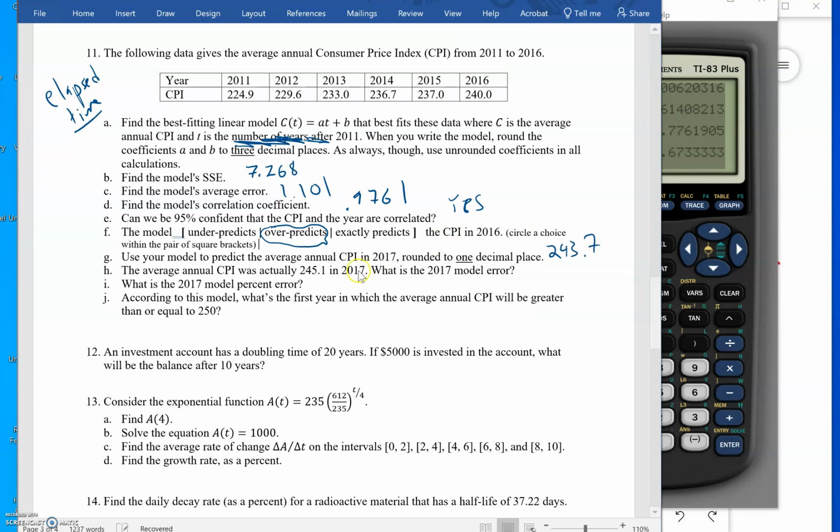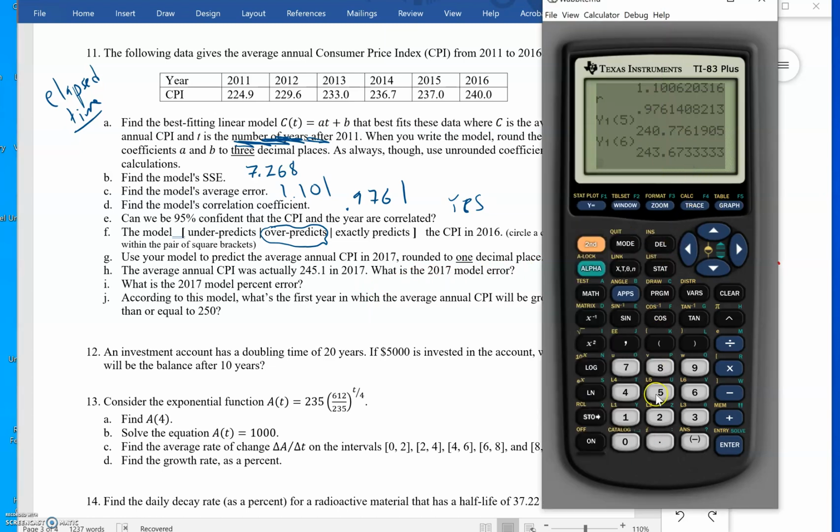Okay. The average annual CPI was actually 245 in 2017, so the model error, that's actual minus predicted, so that's 245 minus the thing that we just found, right? And that's going to be our model error.